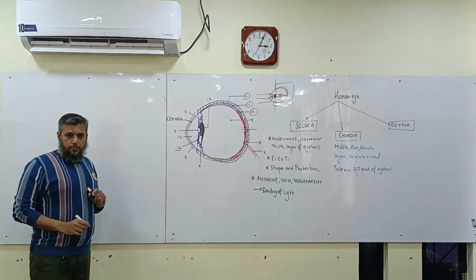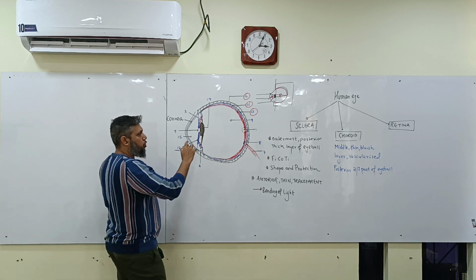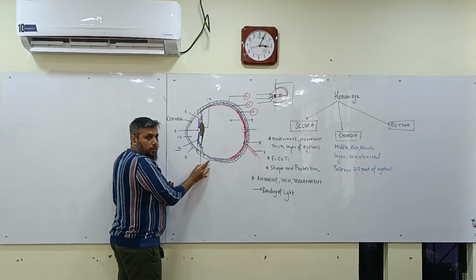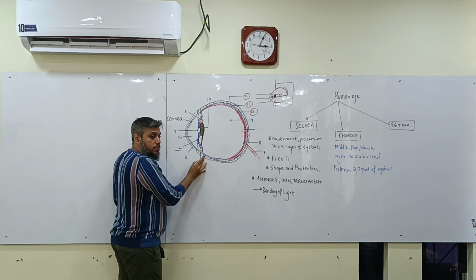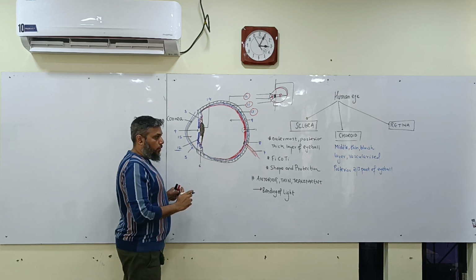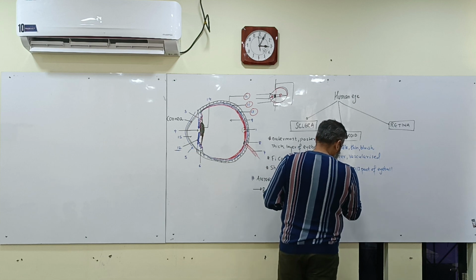So what is the posterior thin two-third part called? Choroid. Anteriorly it becomes thick, and it is called the ciliary body. And the ciliary body continues forward as the iris. So what did I say?